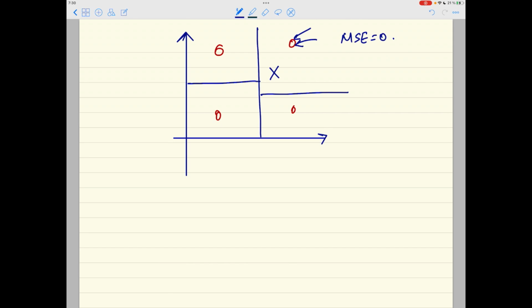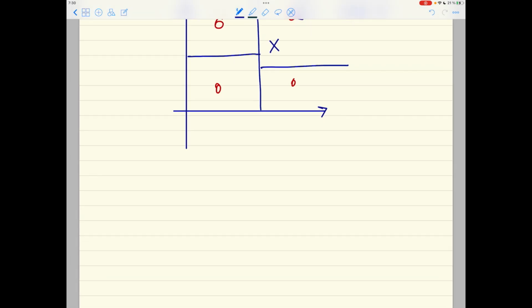Okay, so if we now plot this splitting in the form of a tree, the tree would look something like this. So you'll first have one node, then you have two nodes which result from this split, and then each of these two regions are split again. So we'll have 2 additional leaf nodes.